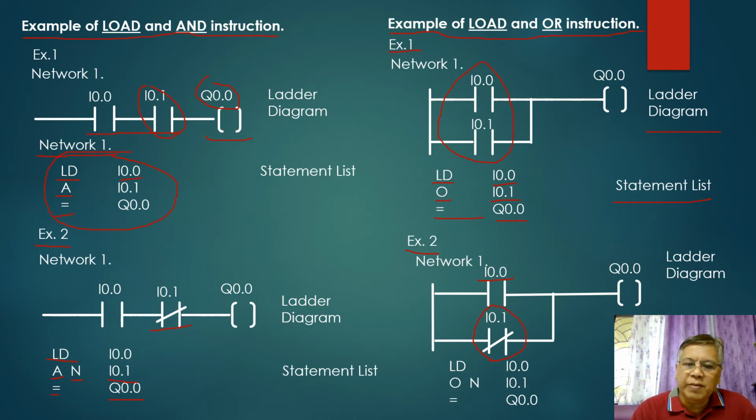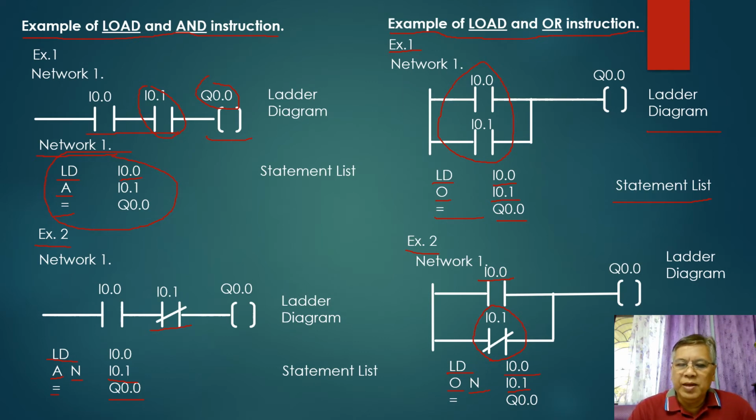The first step is to make use of the command LD, load I0.0. Then since it is connected in parallel, you have OR, and since the contact is normally closed, you use NOT, then input I0.1.